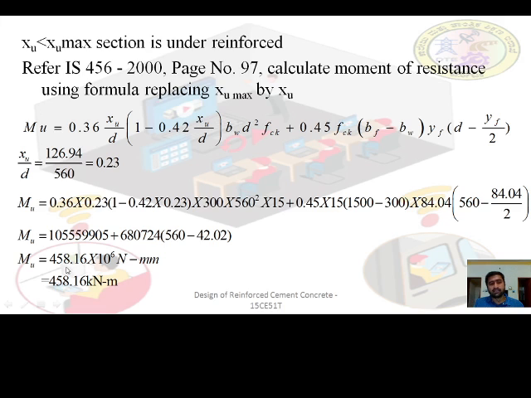If I add this, I will get 458.16 into 10 to the power 6 Newton millimeter, which is equal to 458.16 kilonewton meter. Kilonewton meter is the answer. This is the moment of resistance of your T beam.